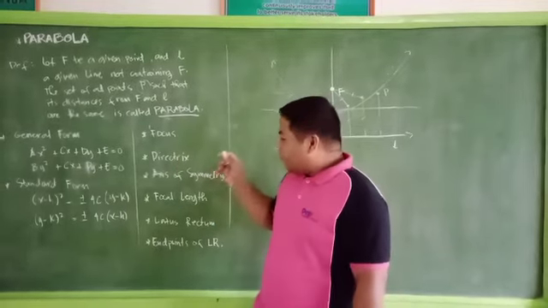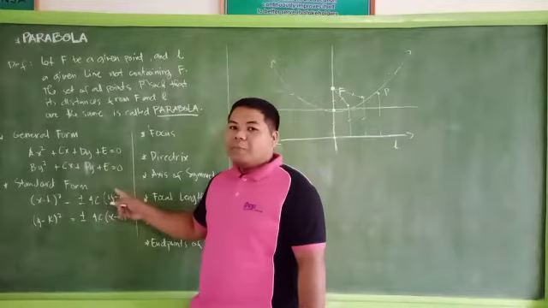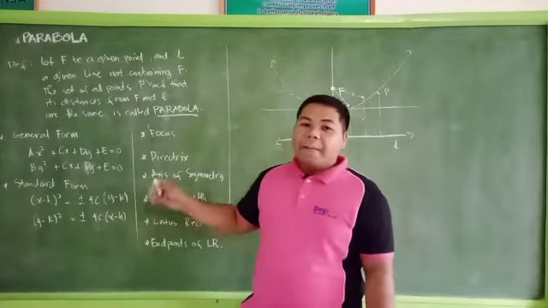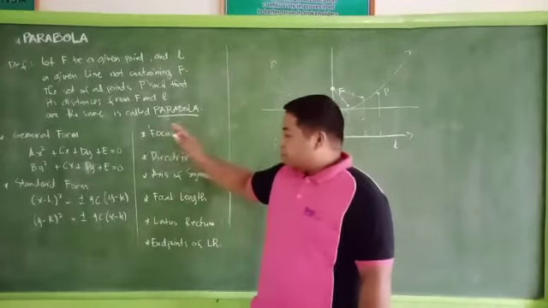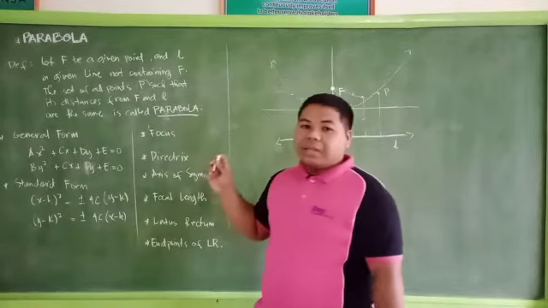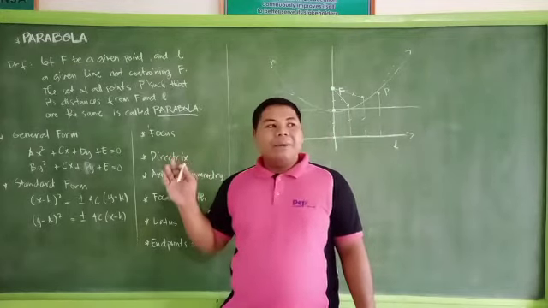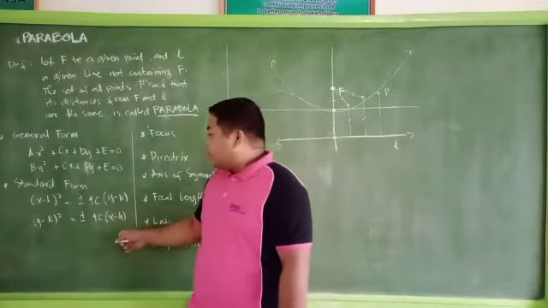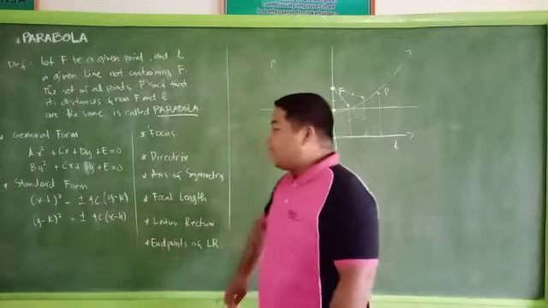So actually, malalaman kasi natin based dito sa standard form yung magiging orientation ngayon ng parabola natin. So ganito ha, makinig kayong mabuti kasi very important to. So again, ulitin ko, yung orientation ng parabola natin is malalaman natin depende sa form ng standard form niya.